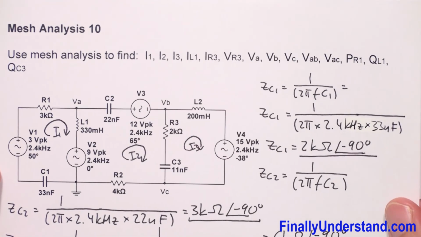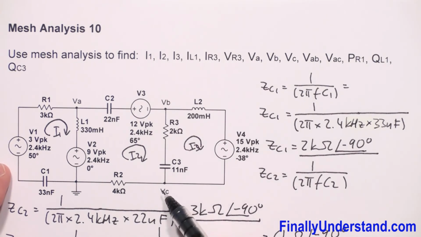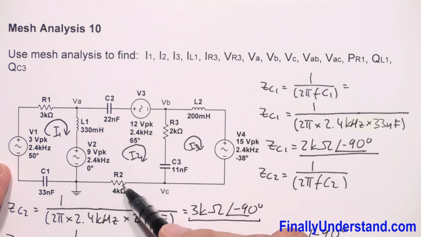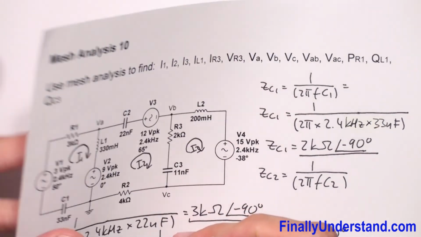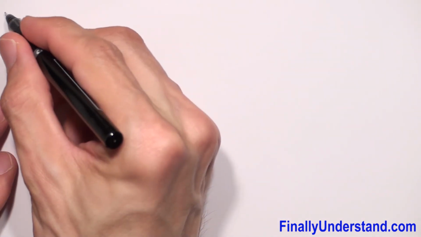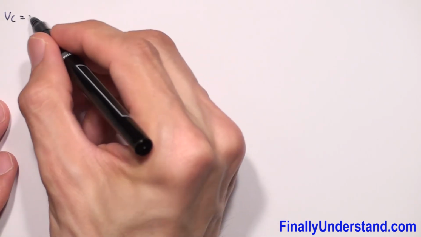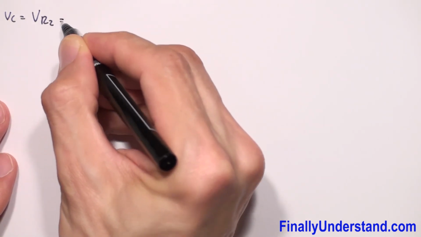Next we're supposed to find the voltage VC. Voltage VC is the voltage between this point and ground. This is nothing else, just the voltage across resistor R2. That's why I'm going to say that my VC is equal to VR2.